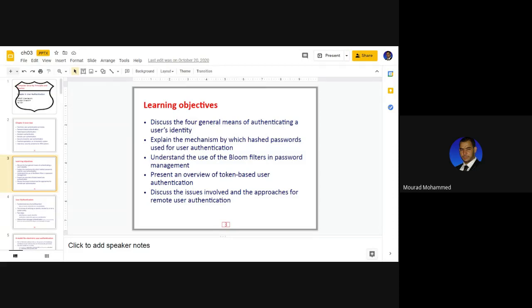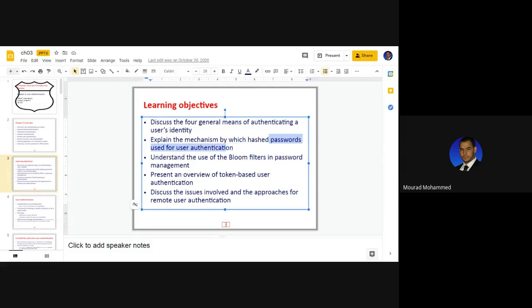As an objective of this unit, you'll be able to authenticate a user, and you'll be able to explain whether the selected authentication mechanism is the best or not. Taking the example of password-based authentication, it is the most famous, the weakest, and still persistent up to date, more than the others.